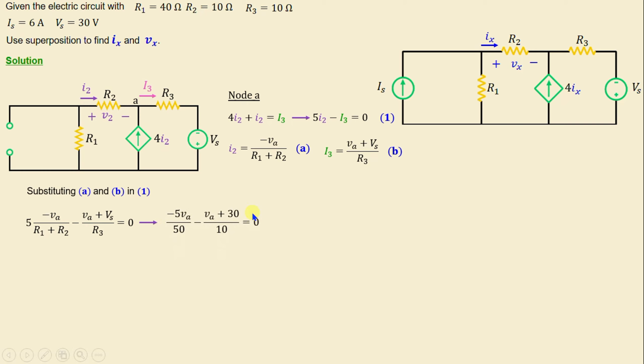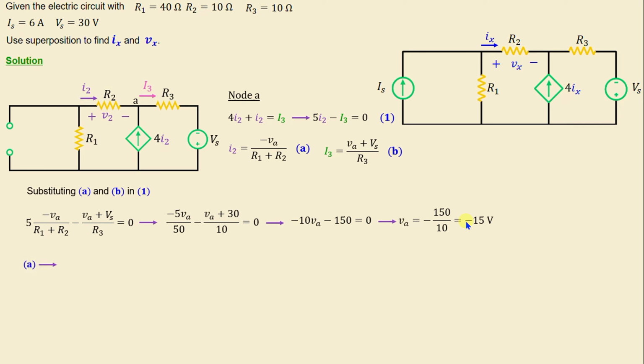By replacing the resistors and the voltage with their numerical values, and we continue simplifying this equation, we obtain negative 10 VA minus 150 is equal to 0. That means VA is equal to negative 150 over 10. We get negative 15 volt.